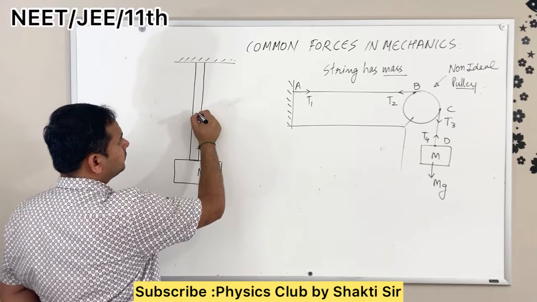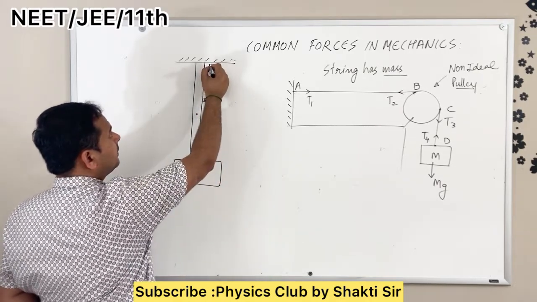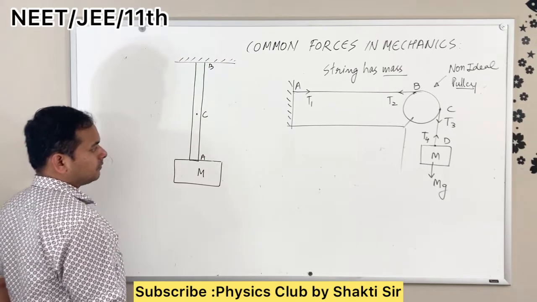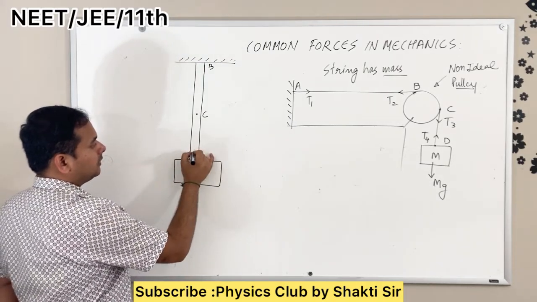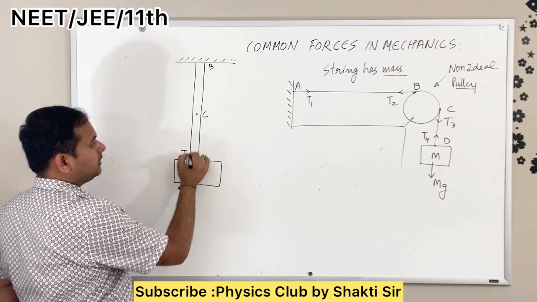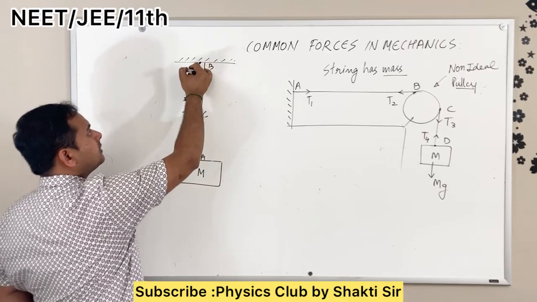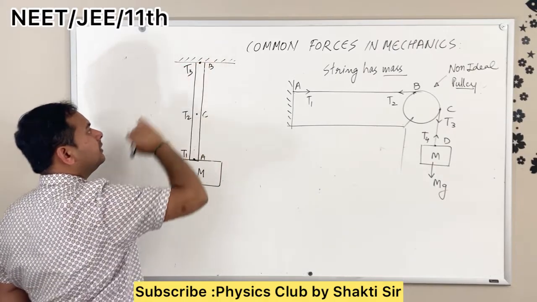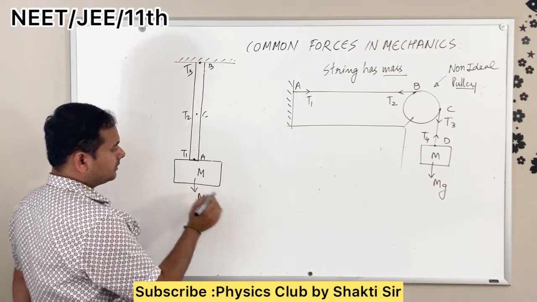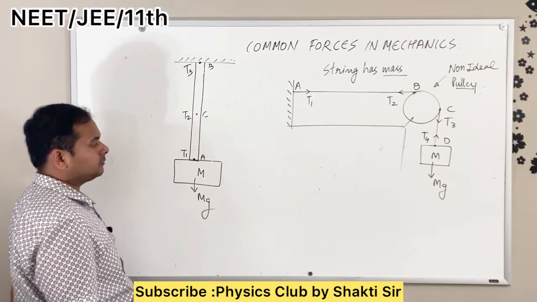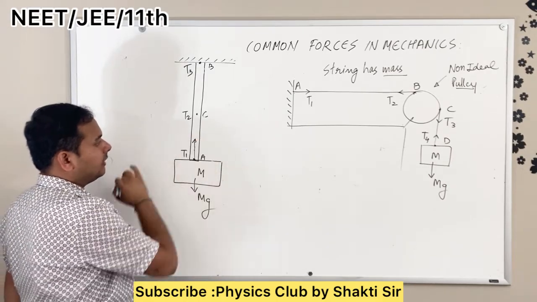So let's say this is the center C, this is A, this is B. At point A the tension is T1, at this point tension is T2, at this point tension is T3, and a gravitational force mg acts downward. You know the situations. Here the tension acts in the upward direction.